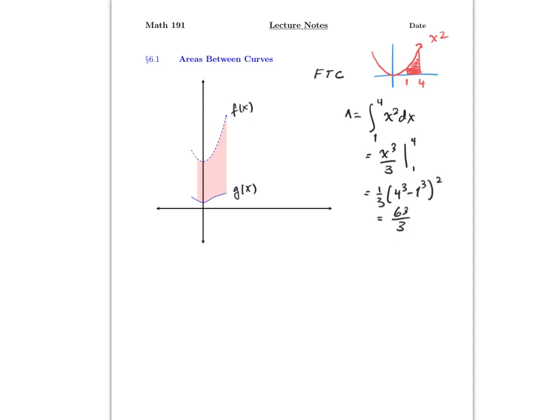So in general, if that's the case, the area is going to be the integral from a to b of the bigger function minus the smaller function, and then just integrate the usual way we did before.